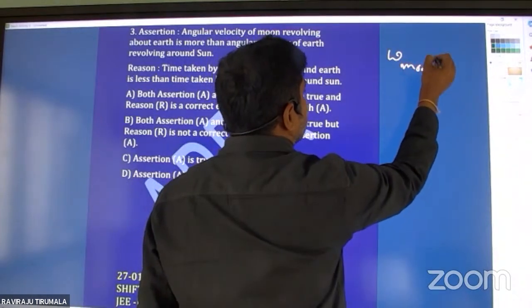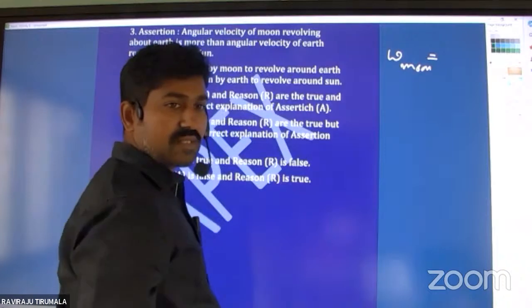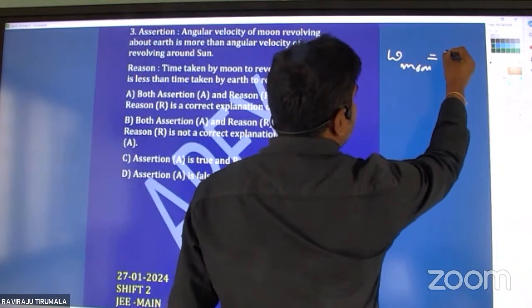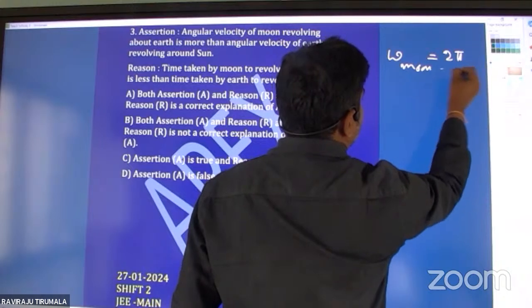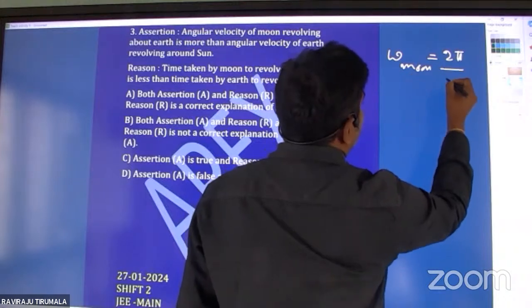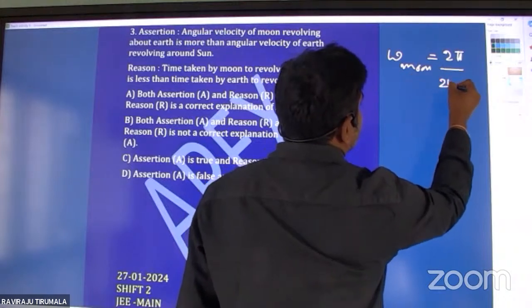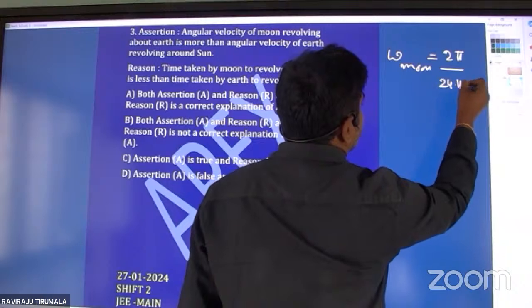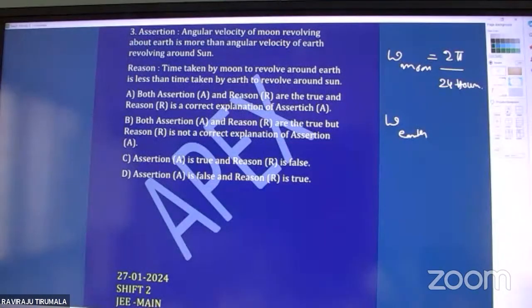For the angular velocity of the moon, of course, the moon revolves around the earth only. What is the formula? 2 pi by T. 2 pi is the same for anything in a complete rotation. And what is the time period? Omega of earth will take 365 days.